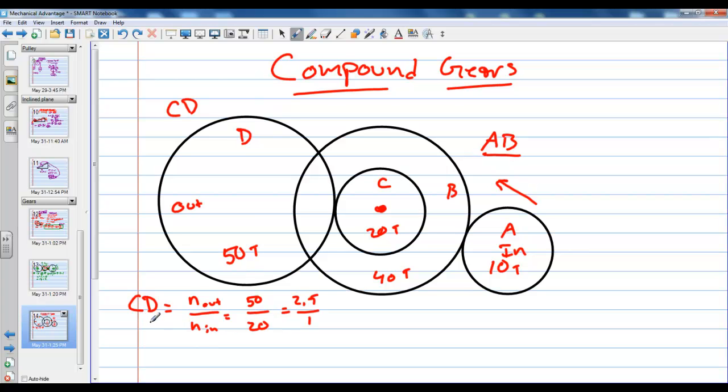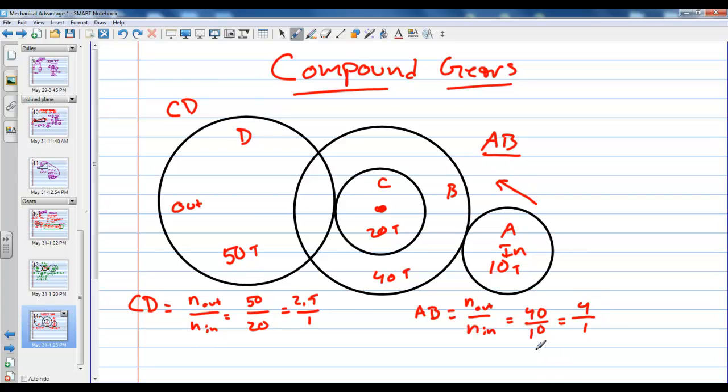Okay, then I need to look at A and B. So let's go over here to gear ratio of A and B, and again we have number of teeth out over the number of teeth in, and number of teeth in is 10 and number of teeth out is 40. 40 divided by 10 is 4 over 1.